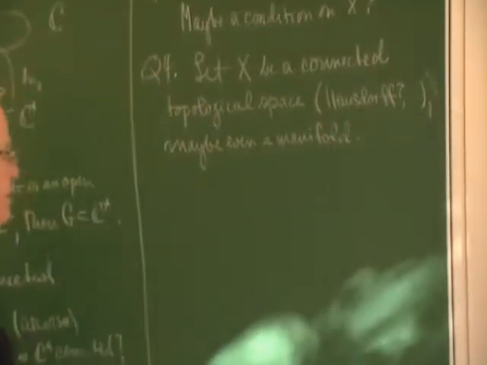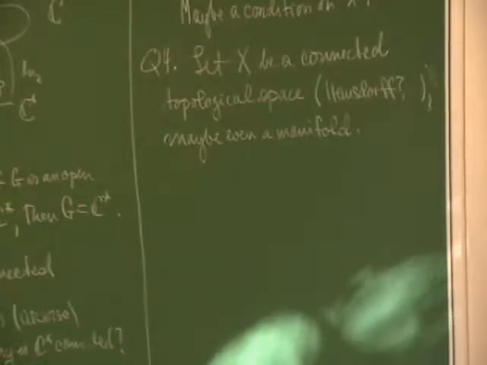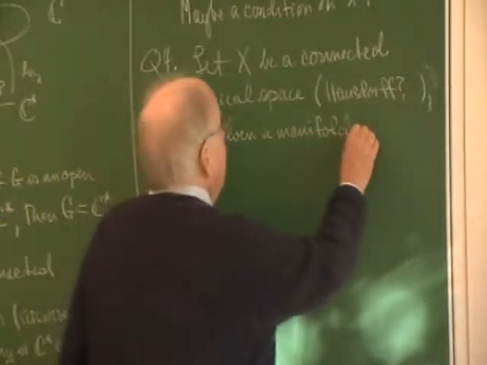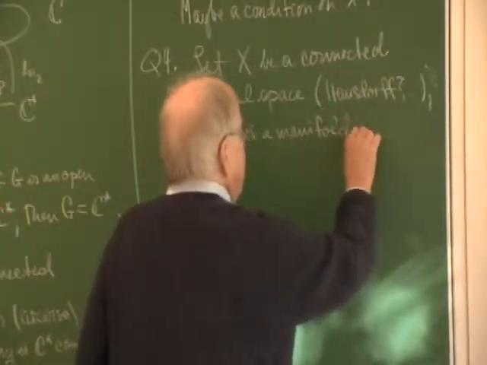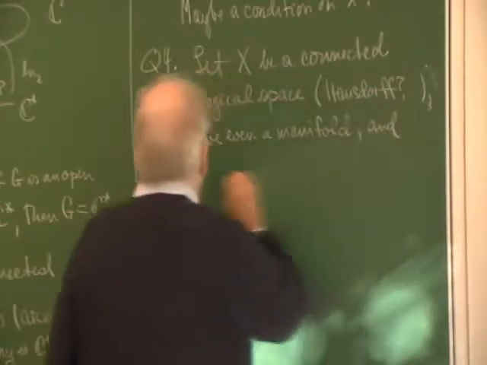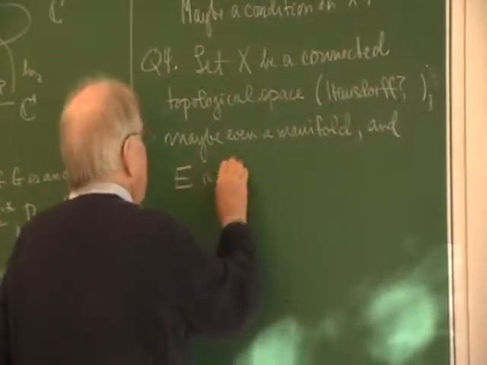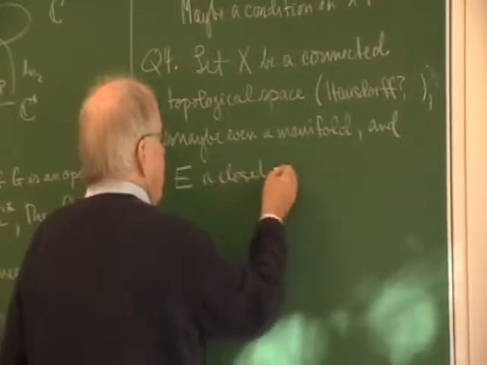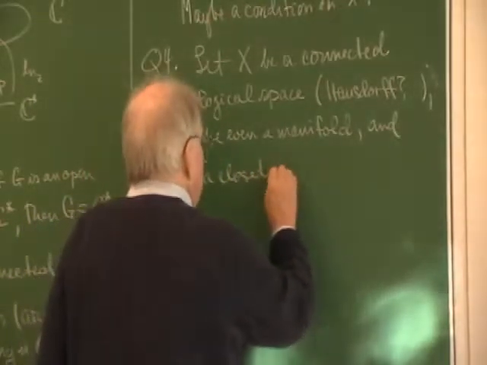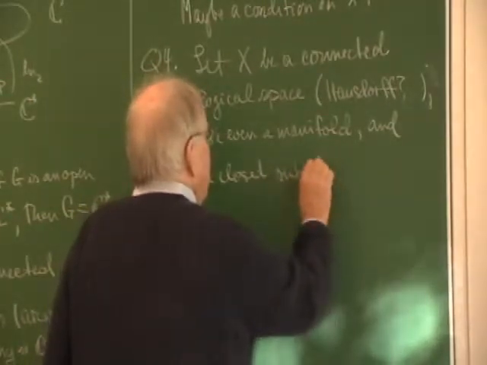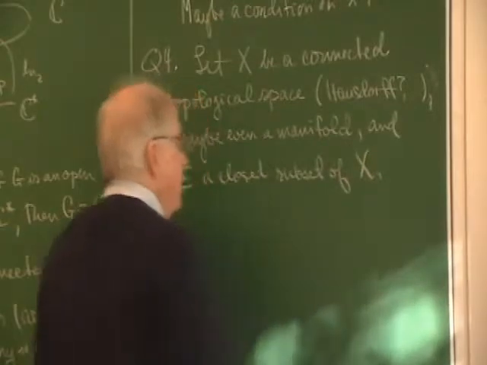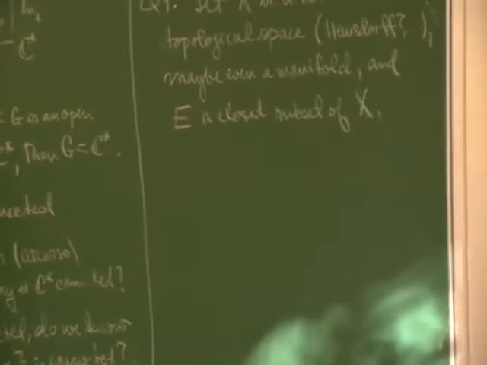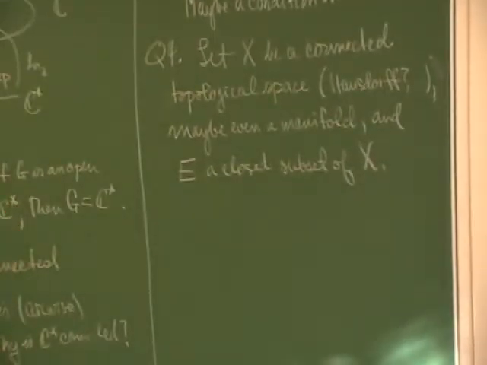So then I'm not afraid of anything, because manifolds have all nice conditions, and connected topological space, maybe even a manifold, and E, a closed subset. All of these questions here, this closed subset is the one point. But if you understand it for one point, maybe it's good to understand it for a closed subset.